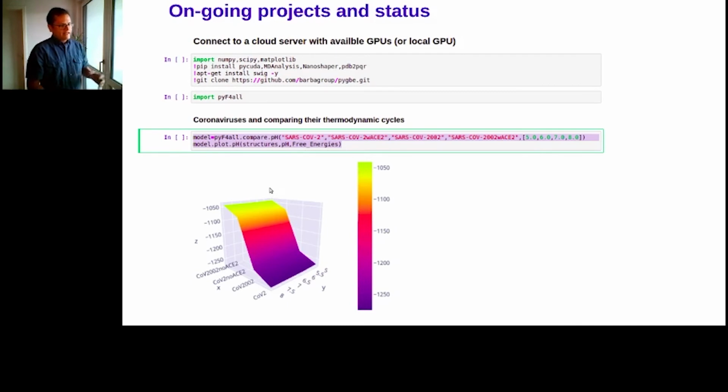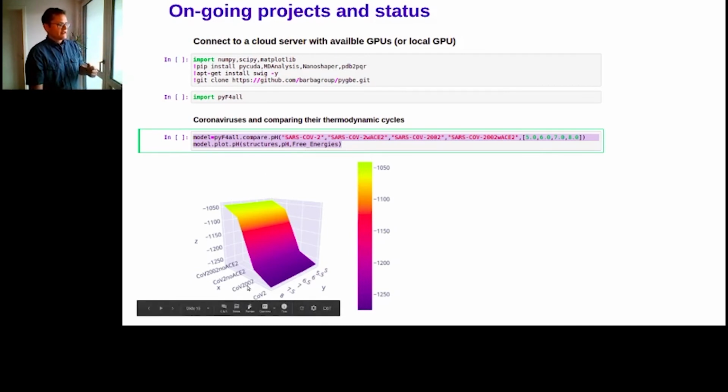And then we can easily compare already, for example, if SARS-CoV-2 has even less free energy. That means the structure is even more in a lower free energy minimum, and so on.